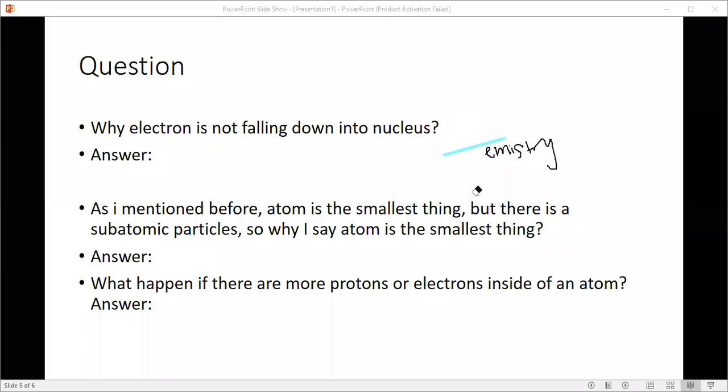That's why atom is the smallest thing in chemistry. But if you see from physics, quark is the smallest thing because physically it is the smallest thing. Okay?